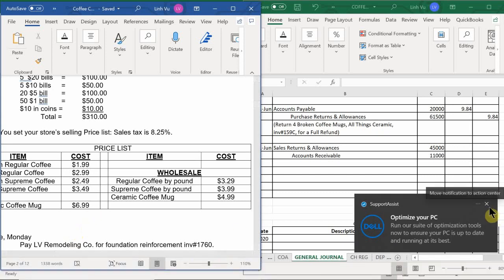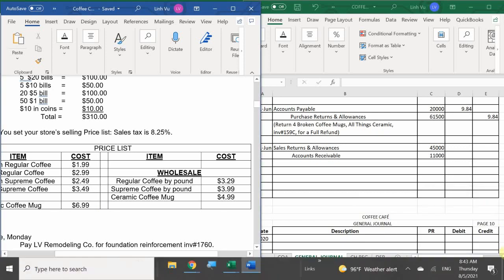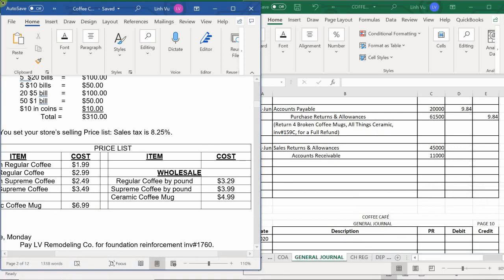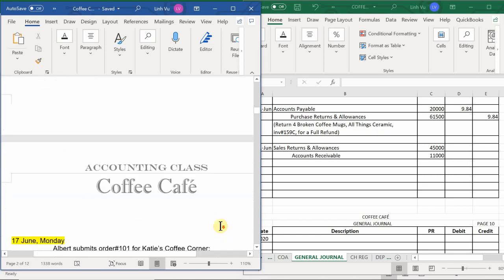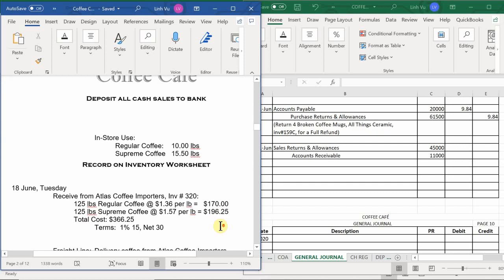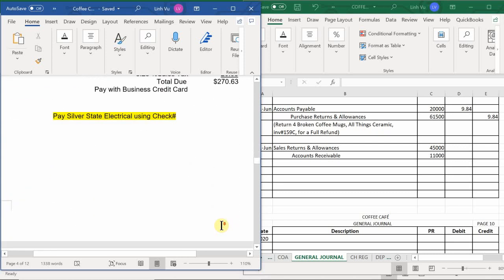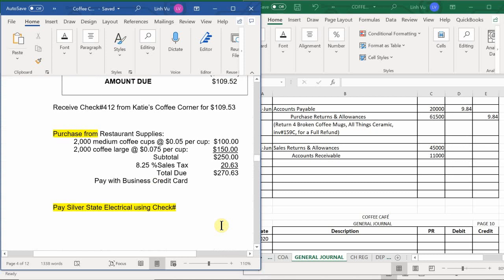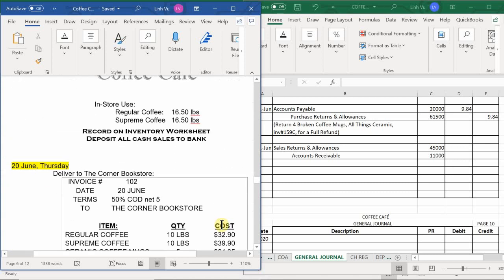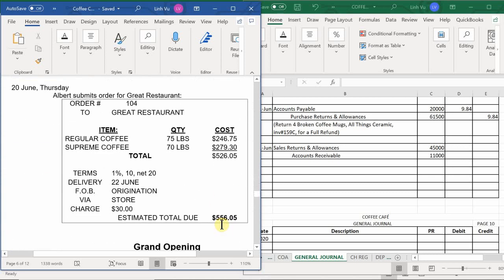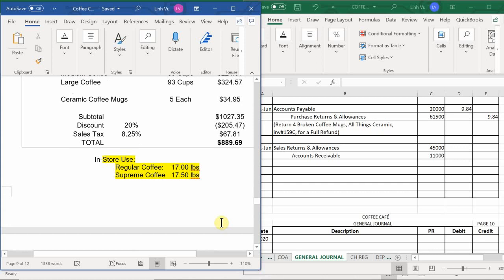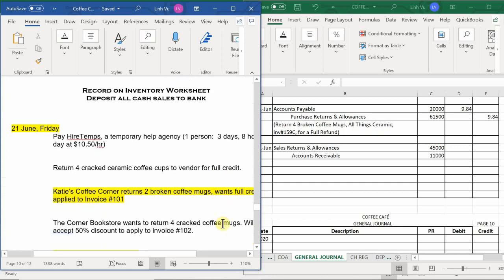So in this case, she gets the discounted selling price amount of $4.99. Now, we don't charge our customers who are resellers any tax. So therefore, all she's getting back is her $4.99 per cup, and she gets 2 of them back.